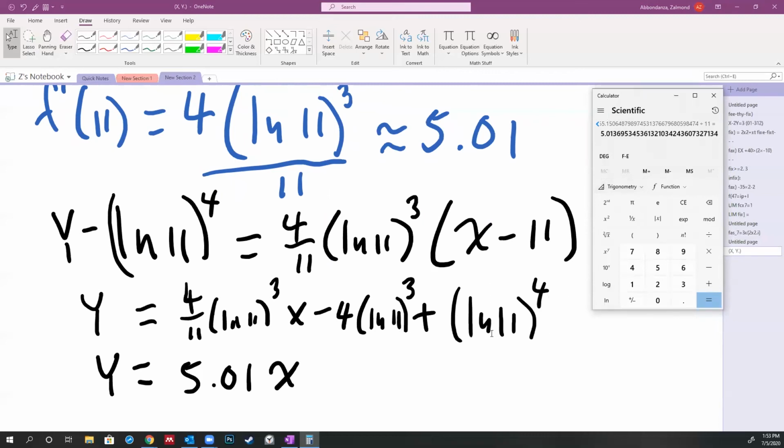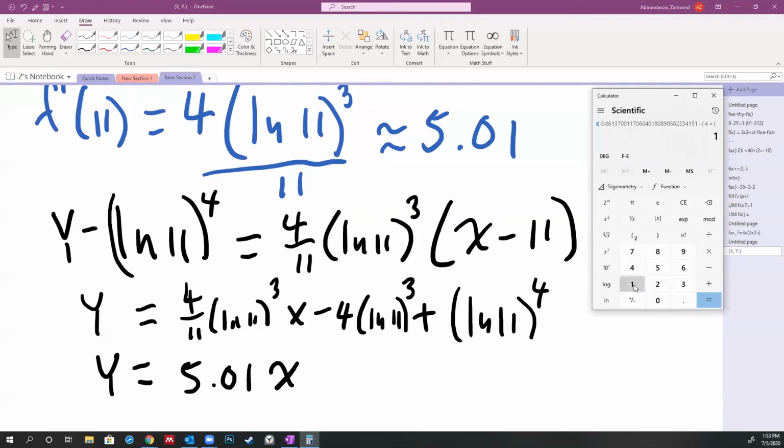So I'm going to start with this one here because it's positive, natural log of 11 to the fourth. So I'm going to start off with 11 natural log, and then to the fourth power, minus, I'm going to put this in parentheses just to be safe, minus this whole thing. So 4 times, and then again, just to be safe, parentheses, natural log of 11.